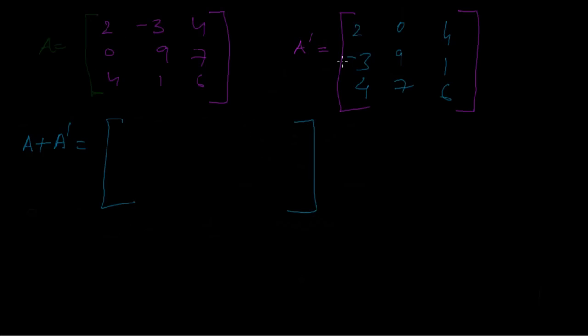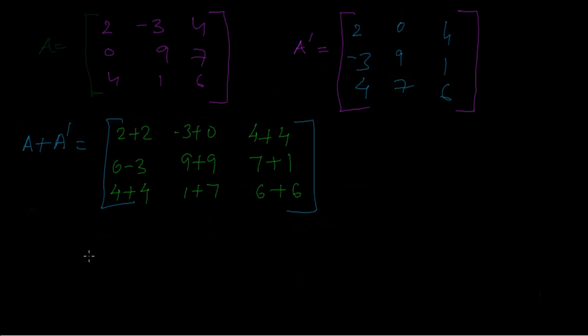We add the corresponding elements: 2 plus 2, minus 3 plus 0, 4 plus 4, 0 minus 3, 9 plus 9, 7 plus 1, 4 plus 4, 1 plus 7, and 6 plus 6.